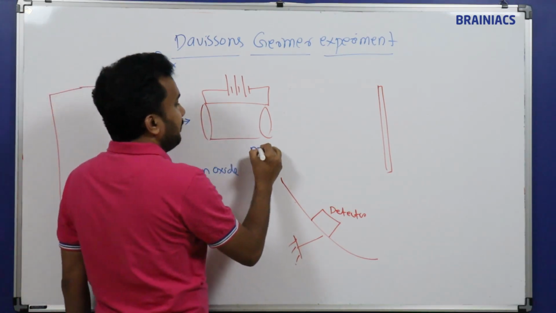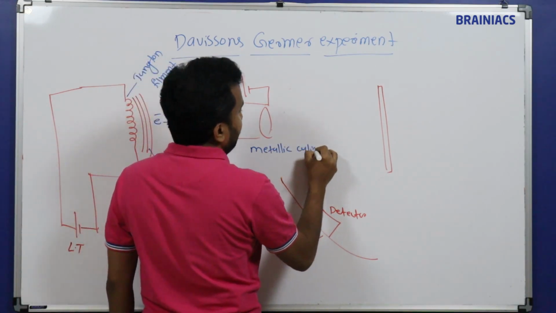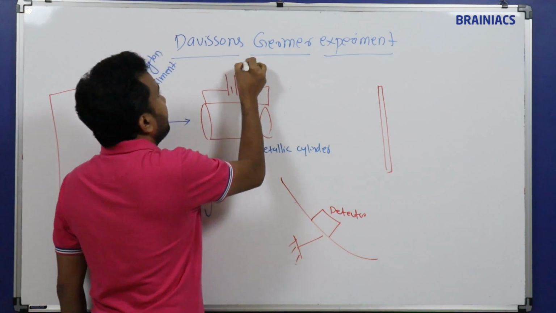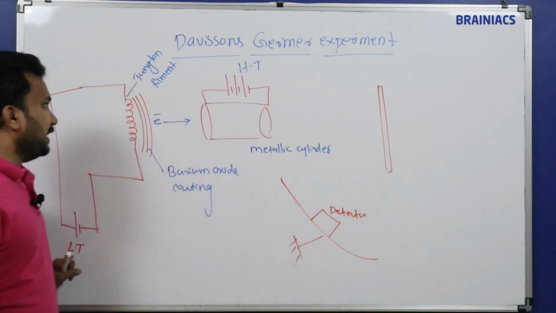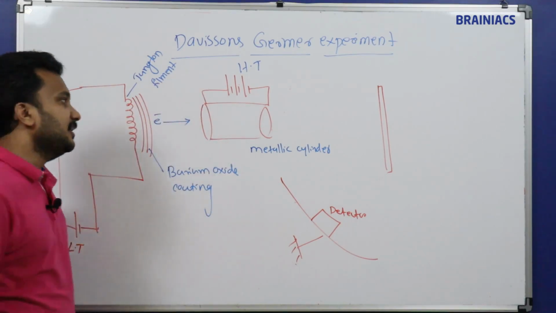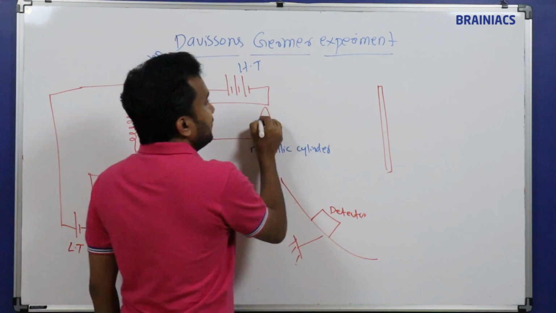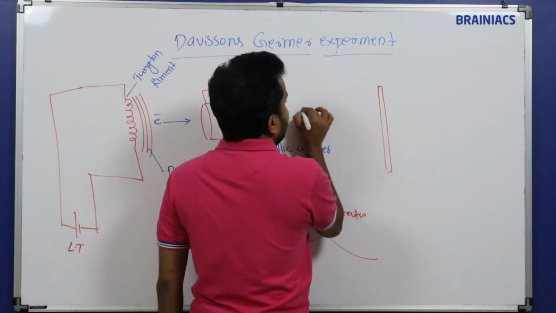Now we have a metallic cylindrical structure, and this is connected with HT. HT is the opposite of LT: high tension. This is low tension, this is a high battery. So what will happen if you give a high voltage? A high electric field will be there, and these electrons will get accelerated.